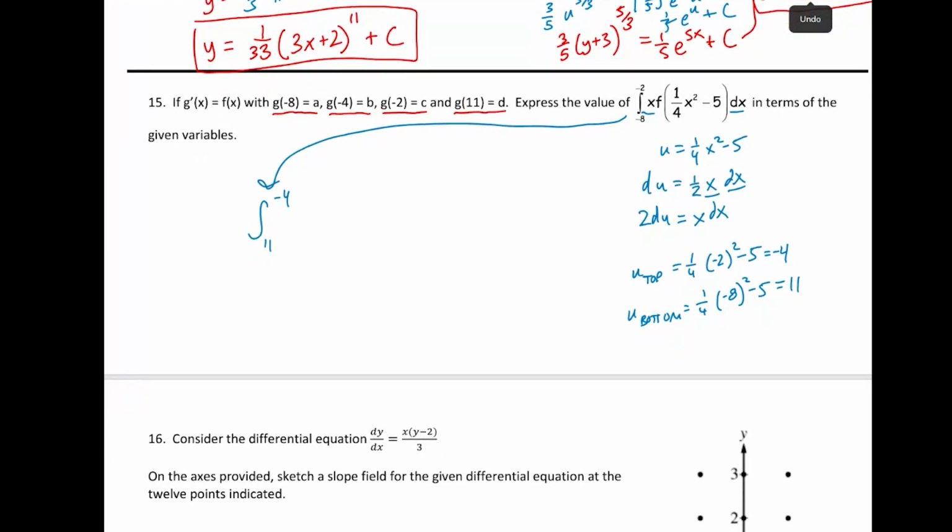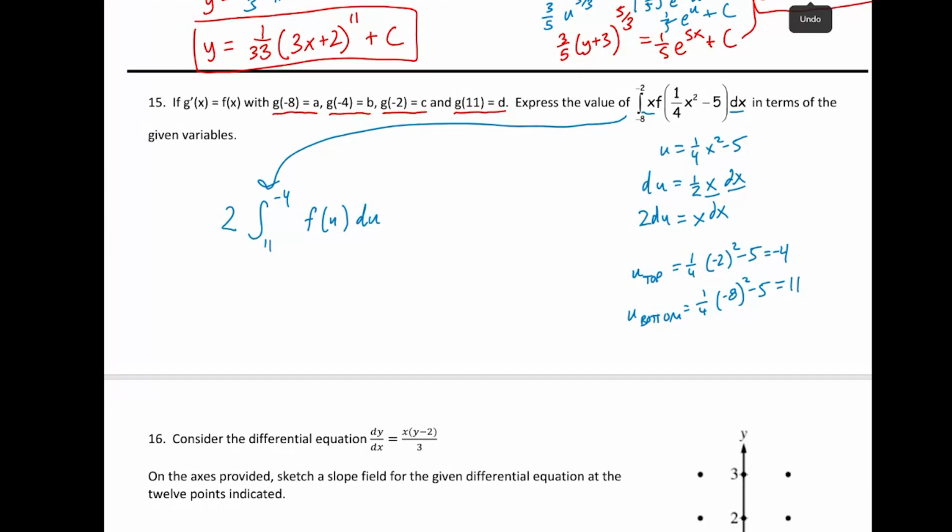And now I can write this in terms of u. So we've got f of u times 2 du. So I'm going to have a 2 out here and then a du over here. Now this is where we're going back to something that we covered in the last unit, the fundamental theorem of calculus.